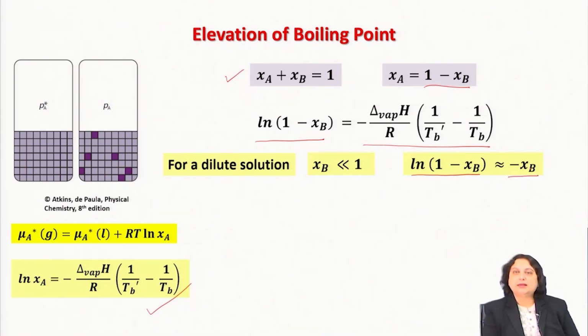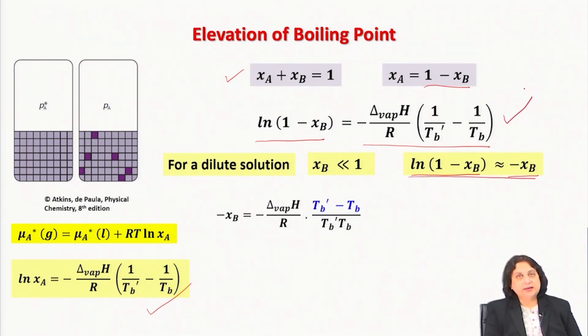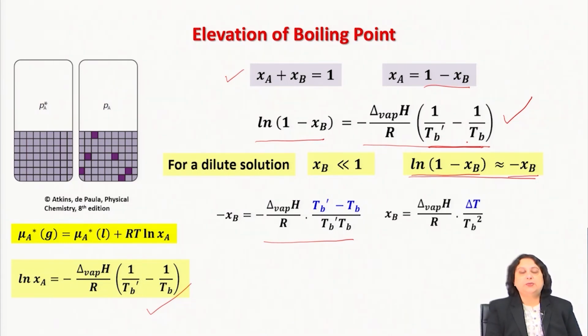minus Xb. Now, if I replace this expression into this equation, what do I get? I get minus Xb, equal to whatever I was writing down on the right hand side. But what I have done is carry out a little more simplification of whatever appears within the bracket, and this turns out to be something simpler.